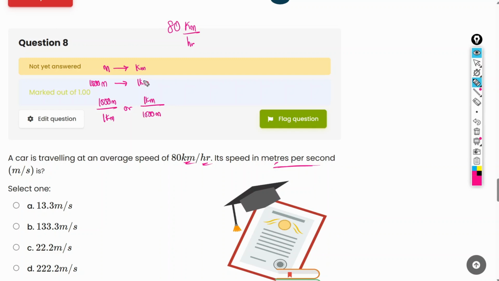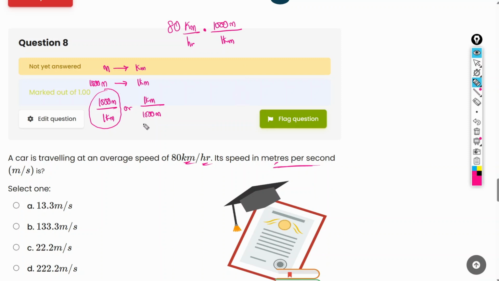Either of them could be used to multiply. I just need the one that will cancel out kilometer from the numerator, which means I need the one with kilometer in the denominator, so this would be times 1,000 meters over 1 kilometer.